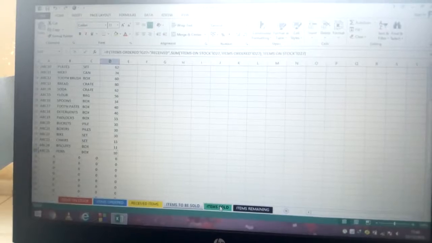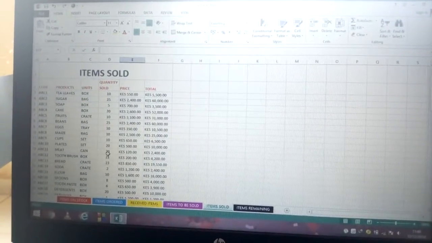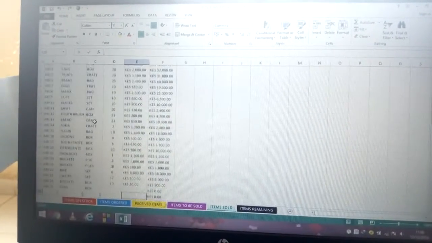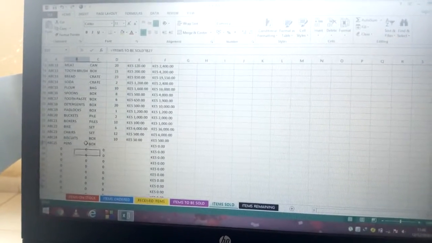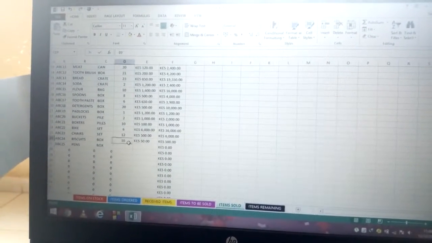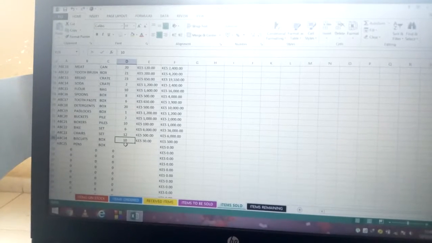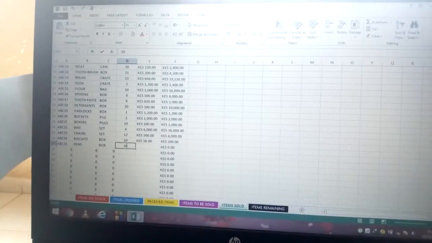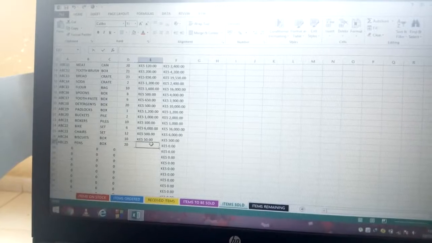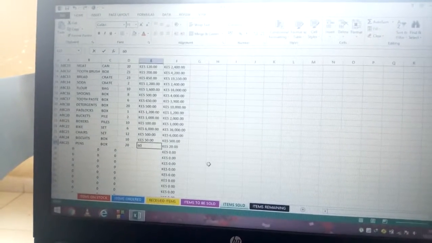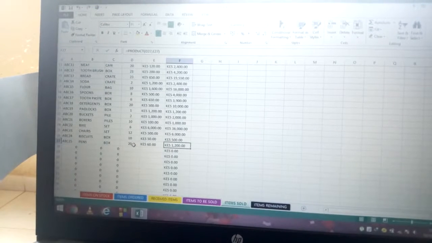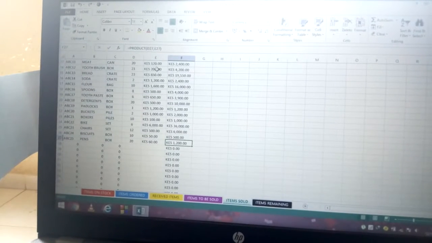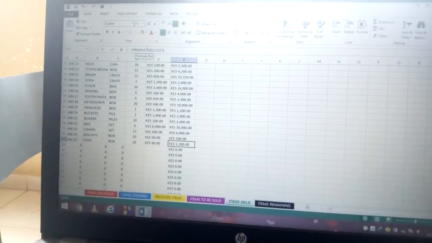Then we go to our next sheet, which is items sold. Let's say our pens, we go back to the box of pens. Let's say we sell 20 of them at a price of 60 Kenya shillings. The same thing, to get the product we use the product function.